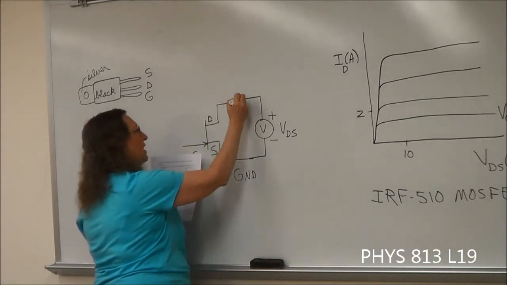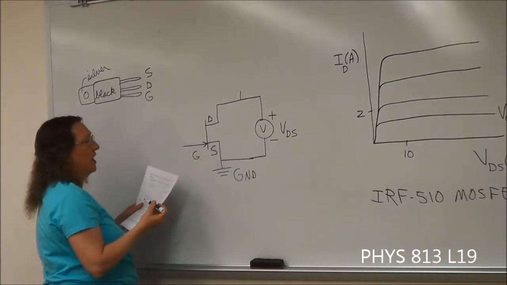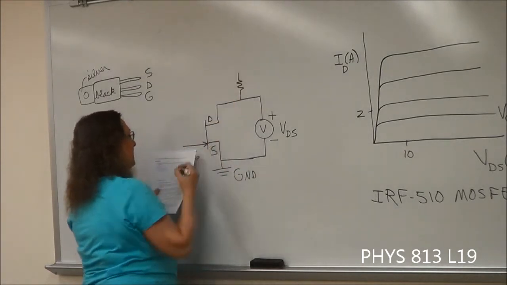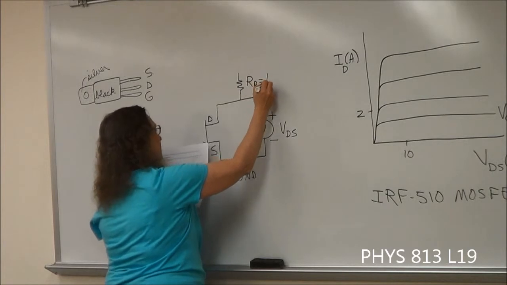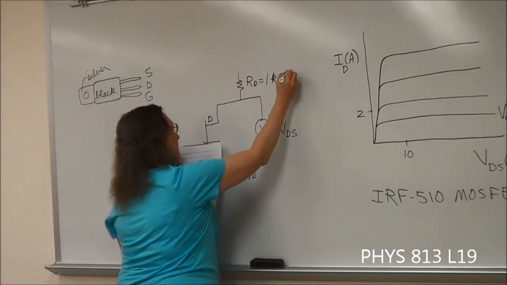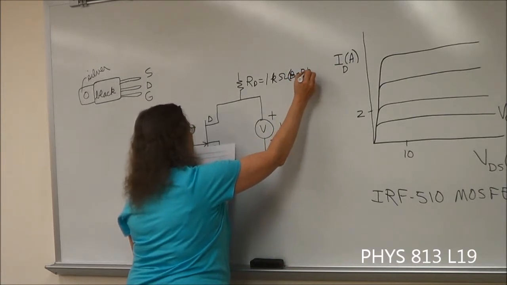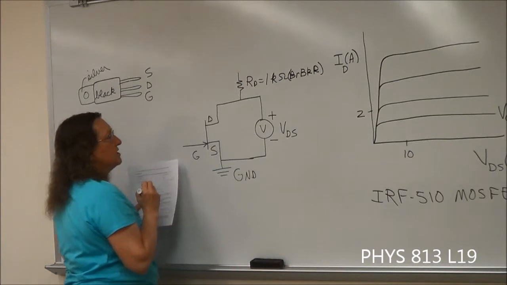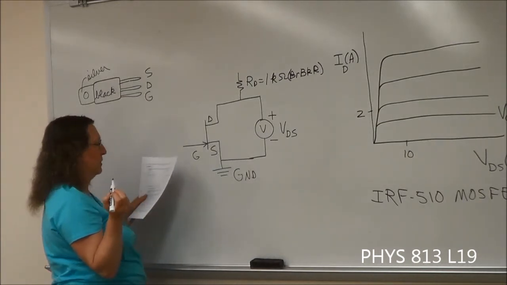Now, up here from the drain, we have to have a positive voltage. So we put a resistor in there, and I'm going to call this the drain resistor. It's 1 kilo ohm, and that is brown, black, red. Okay. Then if we're going to measure current, we need to have an ammeter.